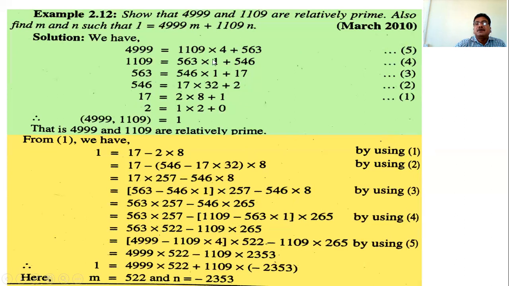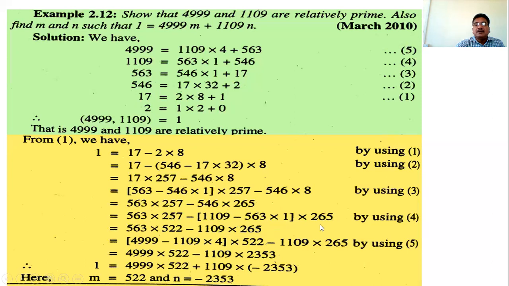Here is 546. So 546 is what? 1109 minus 563 into 1, into 265, using 4, and then multiply by this 265 in the bracket, minus minus becomes plus. Write one more step: 563 into 257 and here 563 into 265 becomes 257 plus 265, which is 522 minus 1109 into 265.